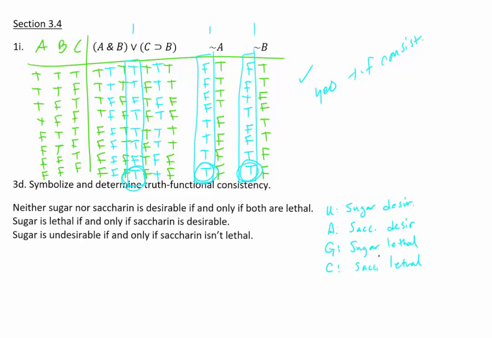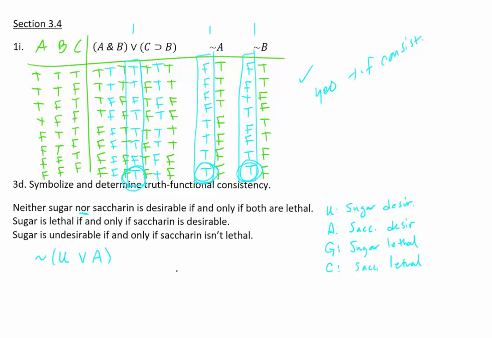So what we have here, neither sugar nor saccharin is desirable, so this is going to be a negation. So this would be or, so we have sugar or saccharin being desirable, and we're told that neither of them are desirable.